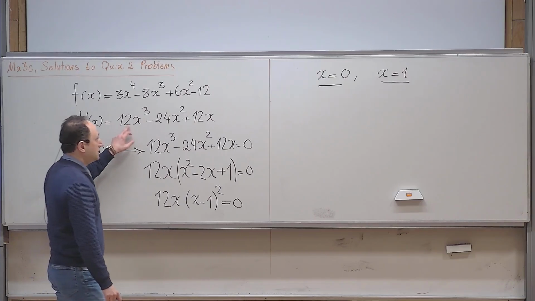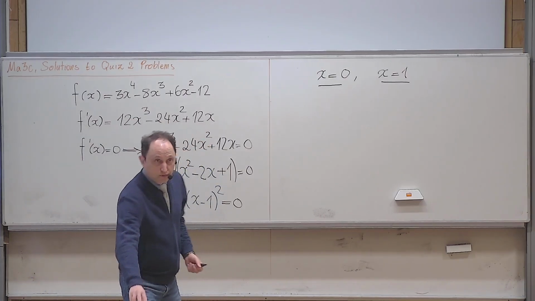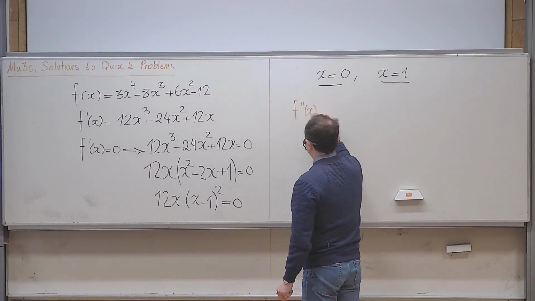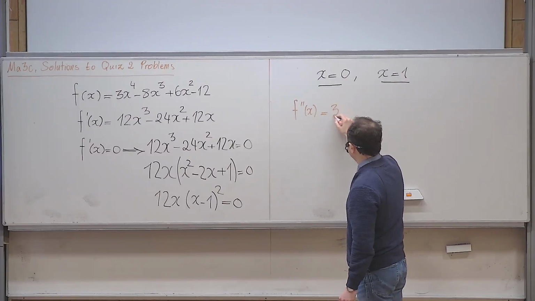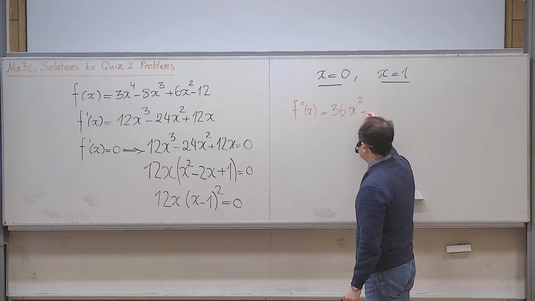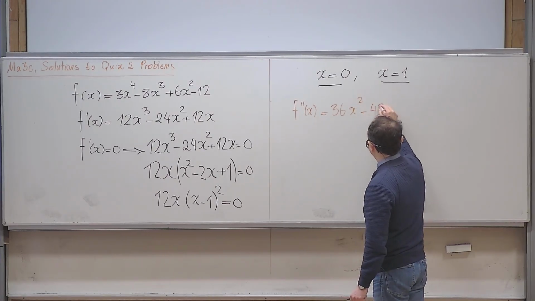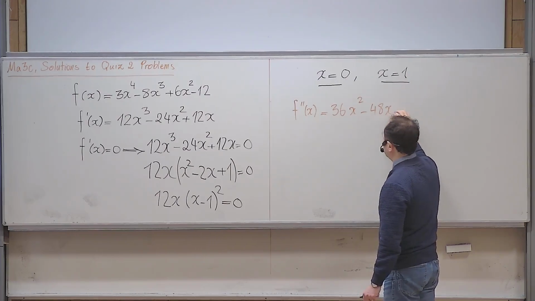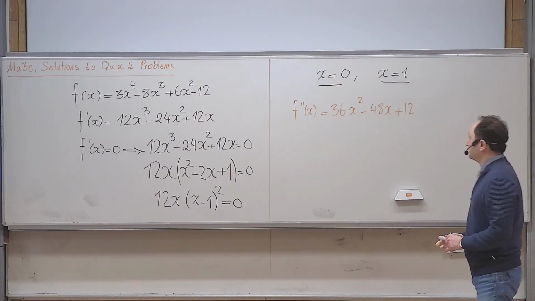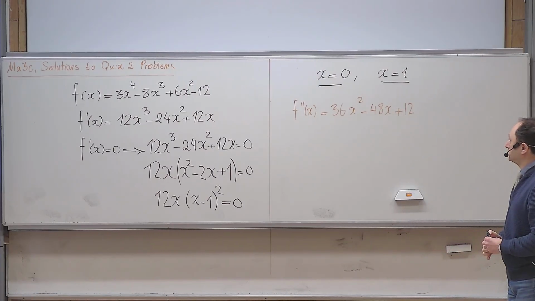If I do the second derivative test here, let me write it with a different color. The second derivative will be 36x squared minus 48x and then plus 12. Yes?